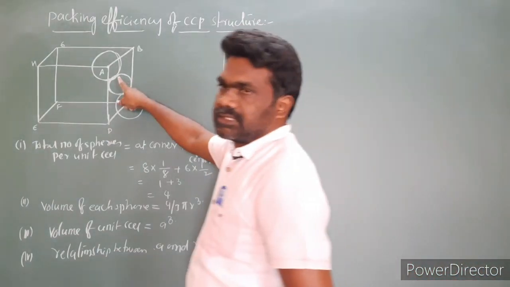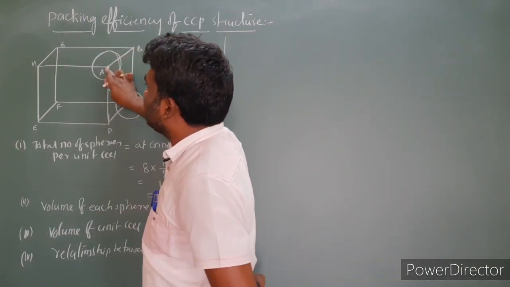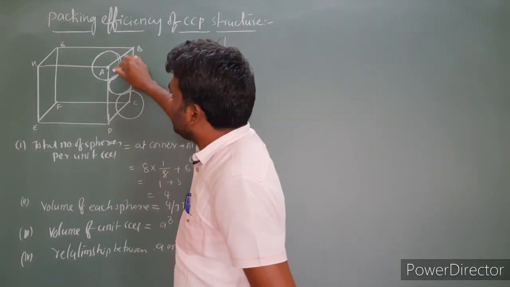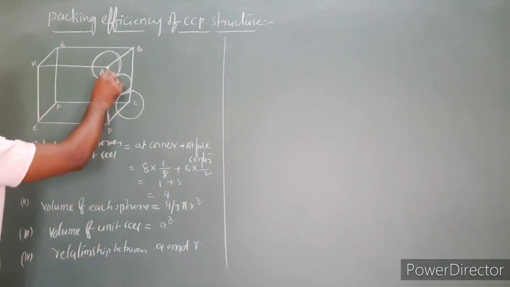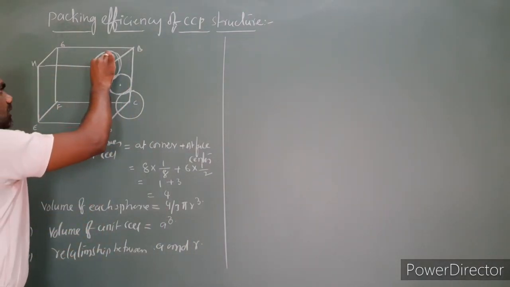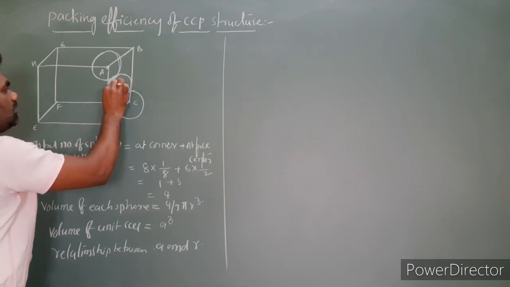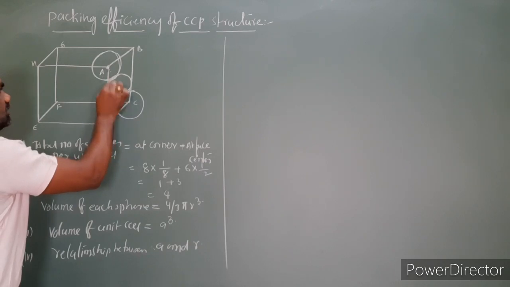For this case, I am taking this face center. So this is an atom at corner A, an atom at corner C, and between them one atom present at the face center. The point is, we have to find out this face diagonal. This face diagonal I am labeling as b.